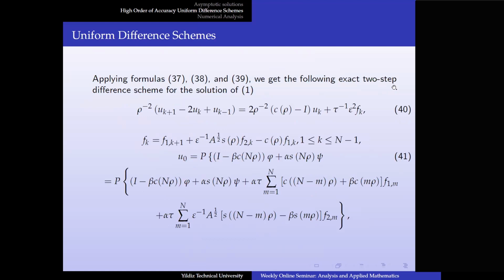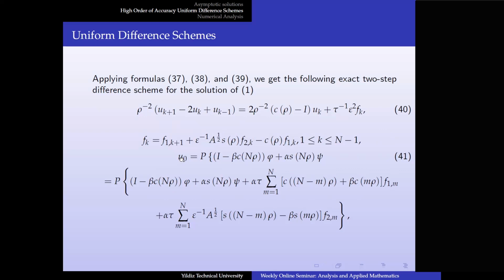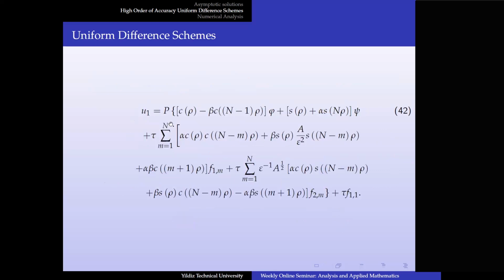So applying these formulas, we get the following exact two-step difference scheme for the solution of problem 1 given by 40. And the initial conditions U0, 41, and the other condition here, these are, you can say, U sub 0 and U sub 1 in the difference case.